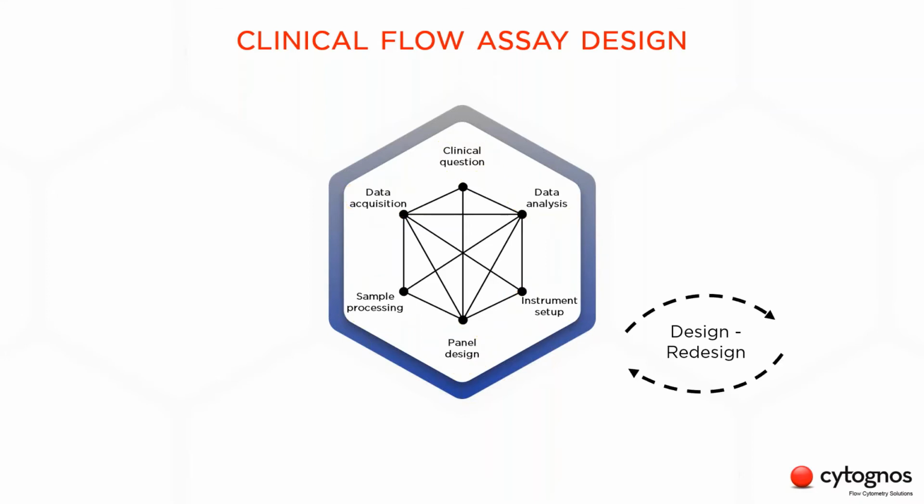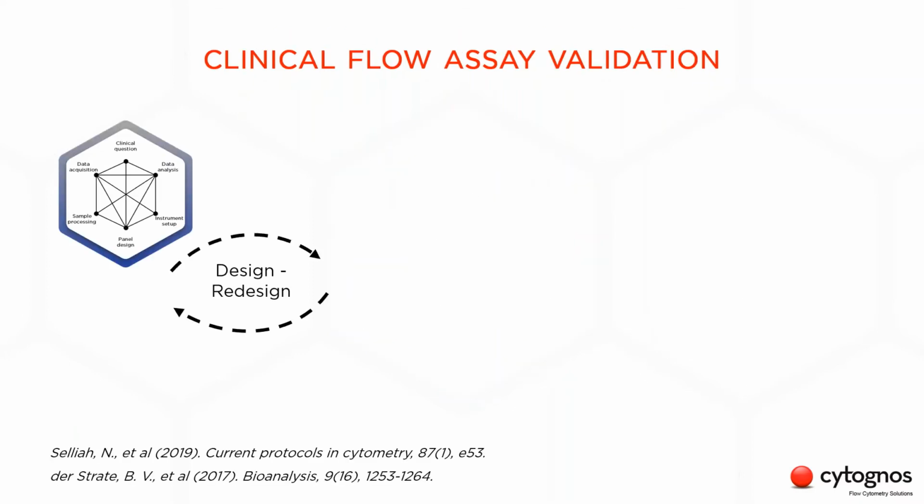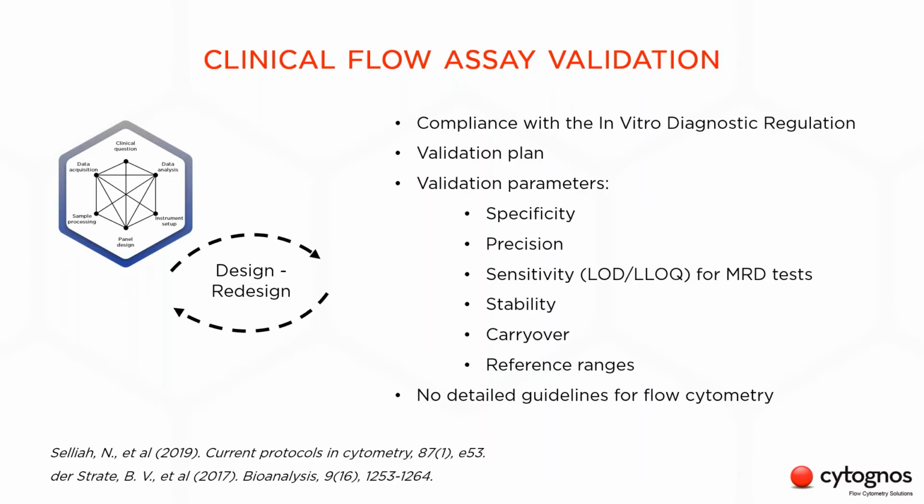Once we come up with the antibody panel, we need to test the entire assay. And this is an iterative process that can take many, many rounds of design and redesign before we complete it. After we are done with this testing phase, we need to ensure that our assay complies with the current in vitro diagnostic regulation.